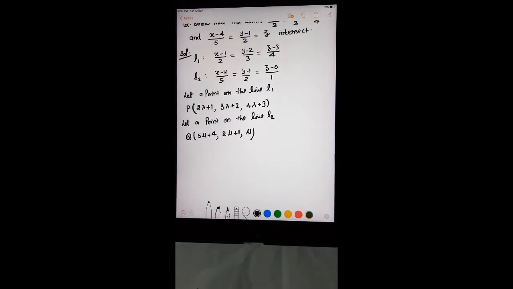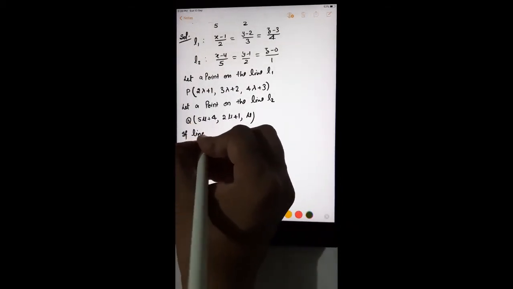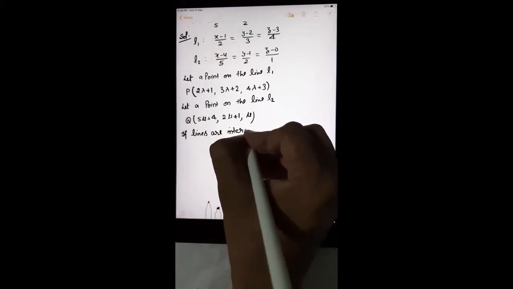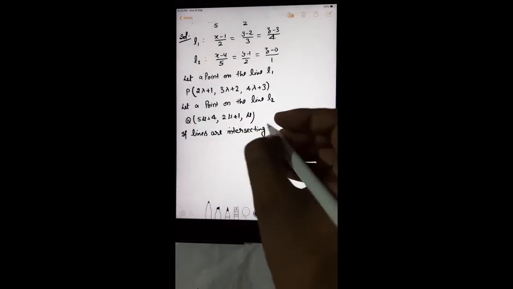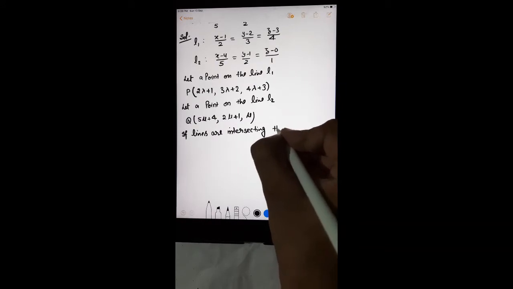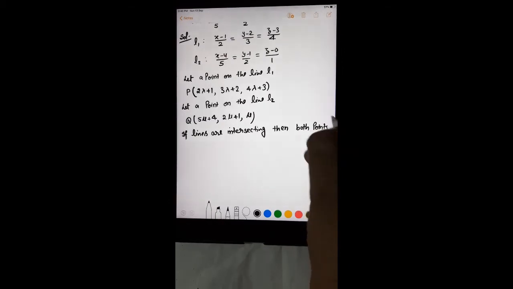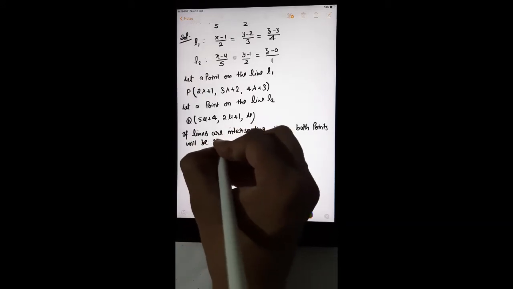If these two lines are intersecting, it means the general point must be the same. If the lines are intersecting, then both points will be the same.